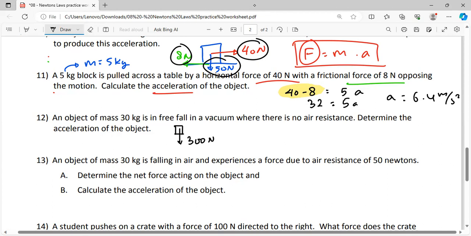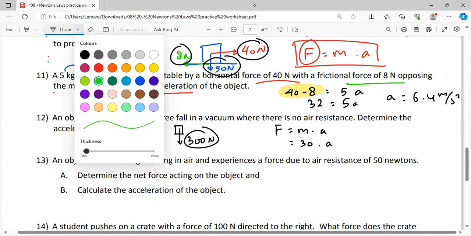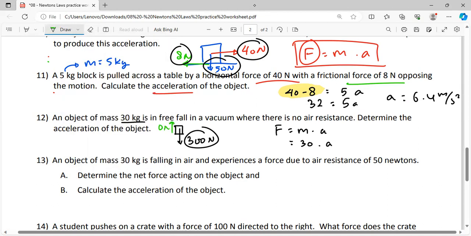The acceleration, if you want to use this formula, F equals ma. The mass is 30, and the F itself is the weight, because there is no air resistance, you can assume it is 0 Newton. So here is 300.